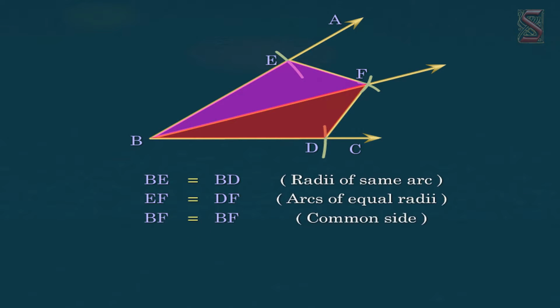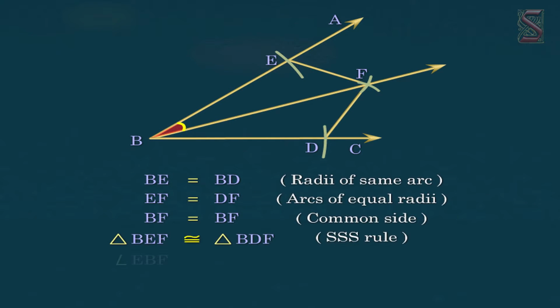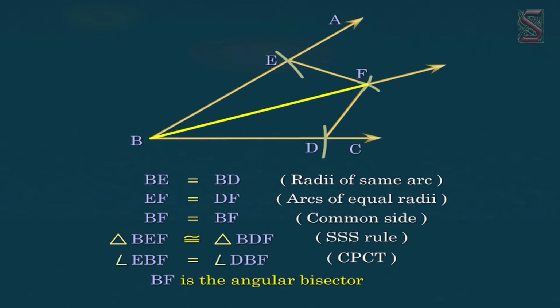So by SSS axiom of congruence, we have triangle BEF congruent to triangle BDF. Now angle EBF is equal to angle DBF as they are corresponding parts of congruent triangles. Hence, the ray BF is the angular bisector of the given angle ABC.